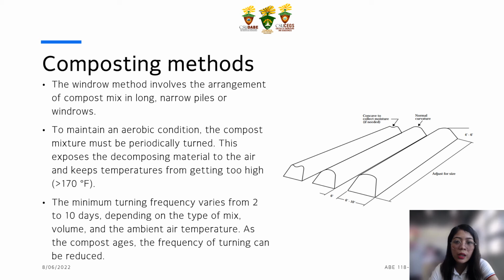As the compost ages, the frequency of turning can be reduced. So the width and depth of the windrows are limited only by the type of turning equipment used. So turning equipment can range from a front-end loader to an automatic mechanical turner. So windrows generally na siya 4 to 6 feet deep and 6 to 10 feet wide.